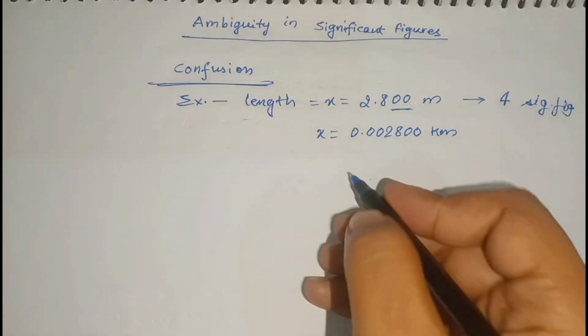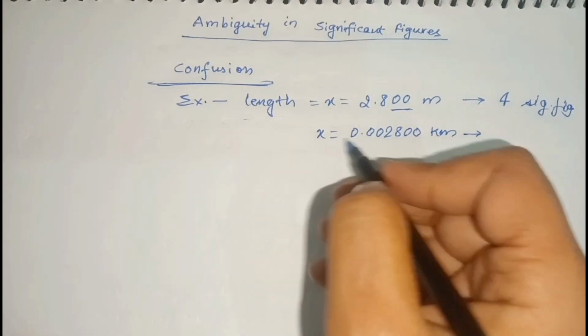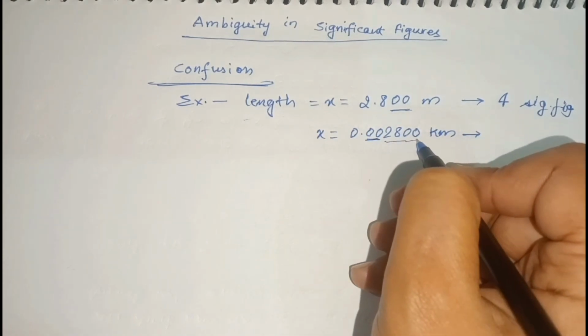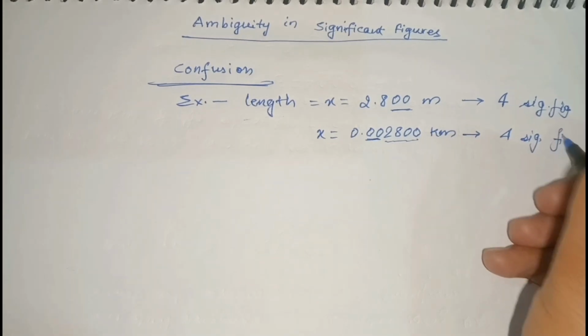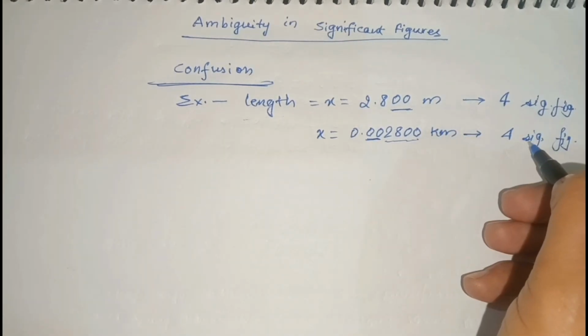Okay, and it has how many significant figures? The leading zeros are not significant according to the rule, so this will have four significant figures. The unit is changing, the significant figures remain the same.